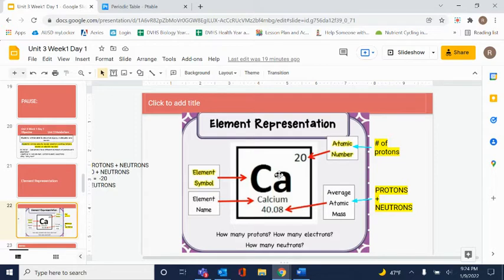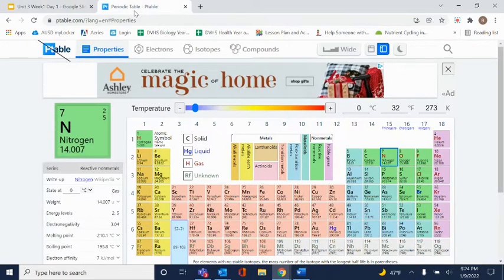The element symbol is always going to be letters. For example, calcium is signified by Ca, and the first letter is always going to be capitalized. The second letter is always going to be lowercase. Calcium, I can find on the periodic table right here.